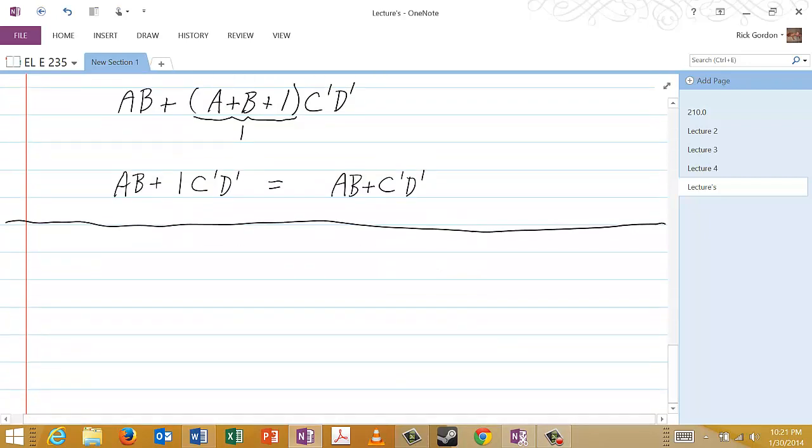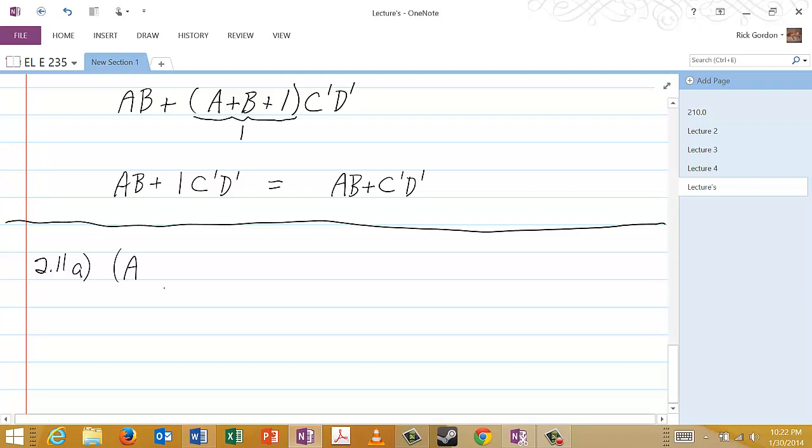Next, let's look at problem 211A. We're asked to simplify an expression using just one of the theorems that we've learned. And in 211A, the expression that we're asked to simplify is the following.